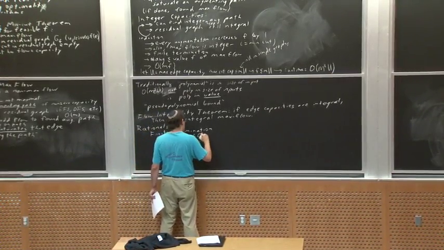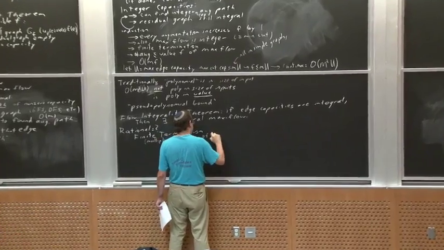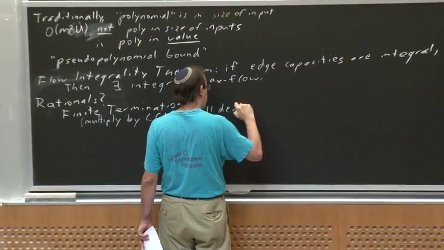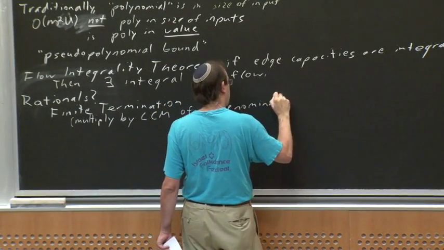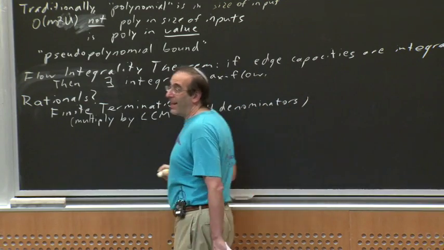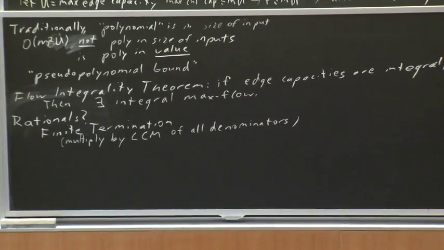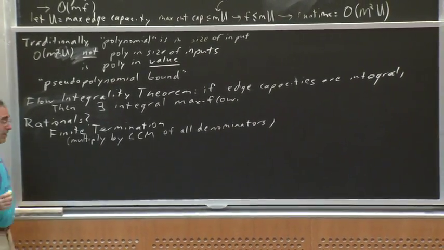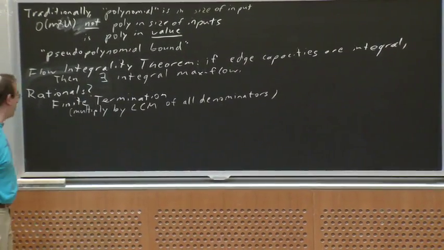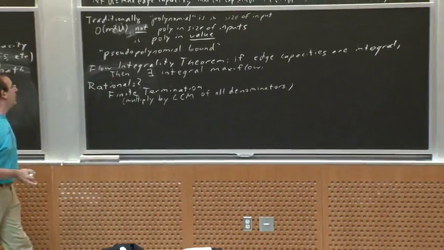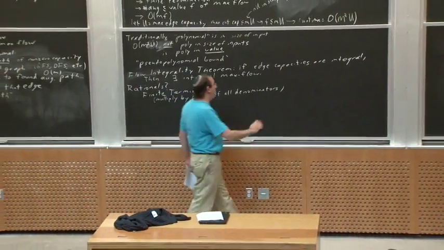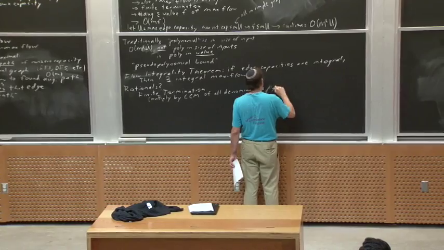Good. So if we multiply by the least common multiple of all the denominators, or if we're lazy and don't want to compute a least common multiple, we could just multiply by all the denominators, right? It actually isn't any worse for the purposes that we're looking at. Then what we get is an integer graph.